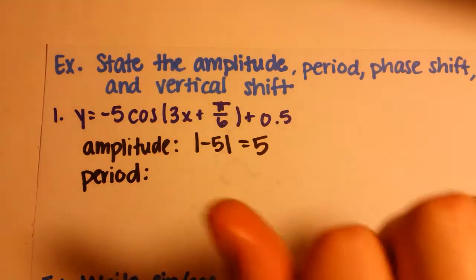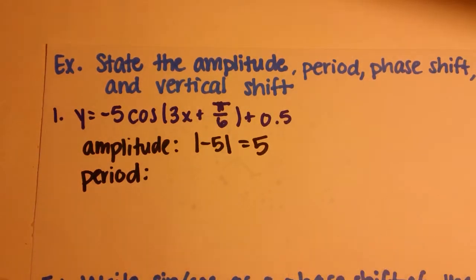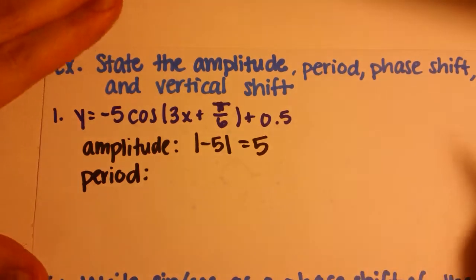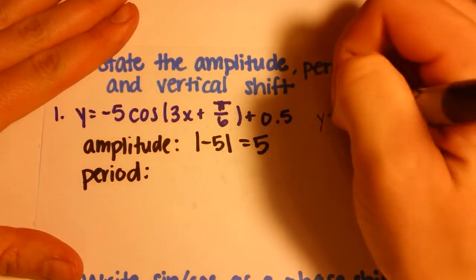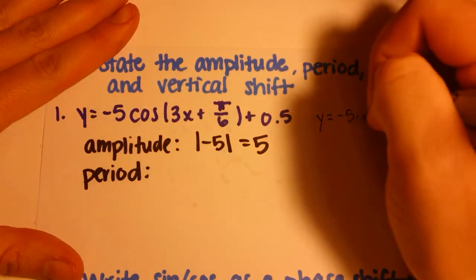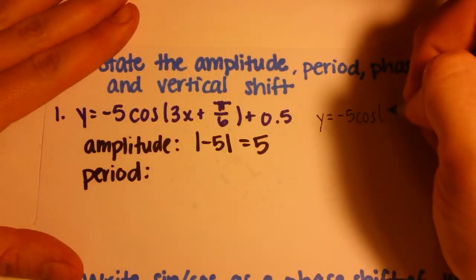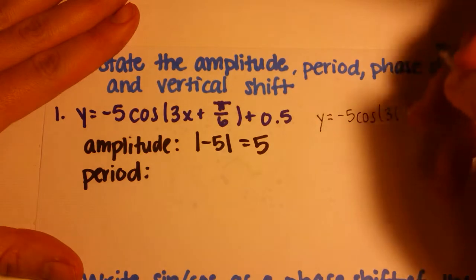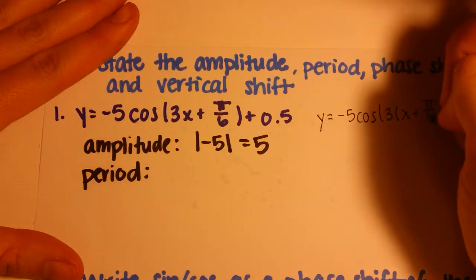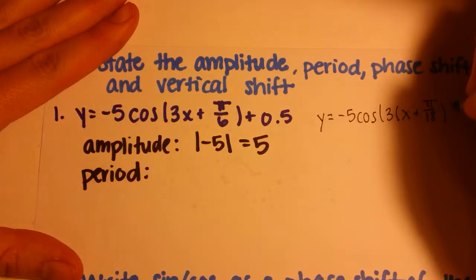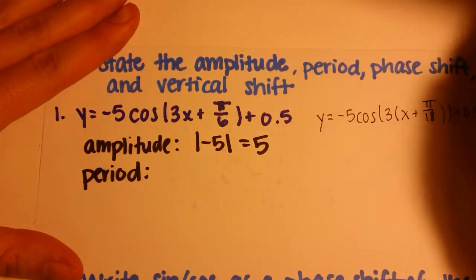So for this one, we might want to factor out that 3 to see what our period is. So to factor out a 3, we're going to have y equals -5 cosine of 3 times, so now I'm going to factor out this 3, x plus pi over 18, plus 0.5.